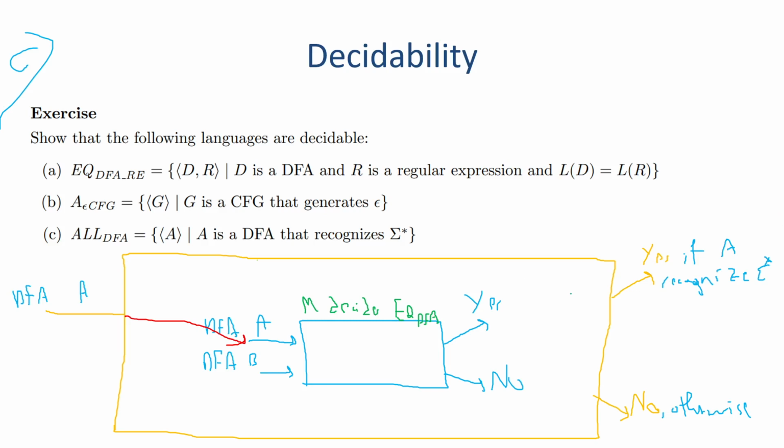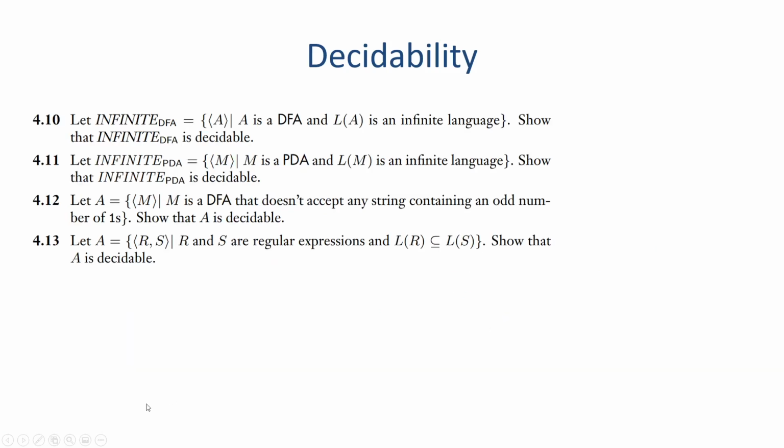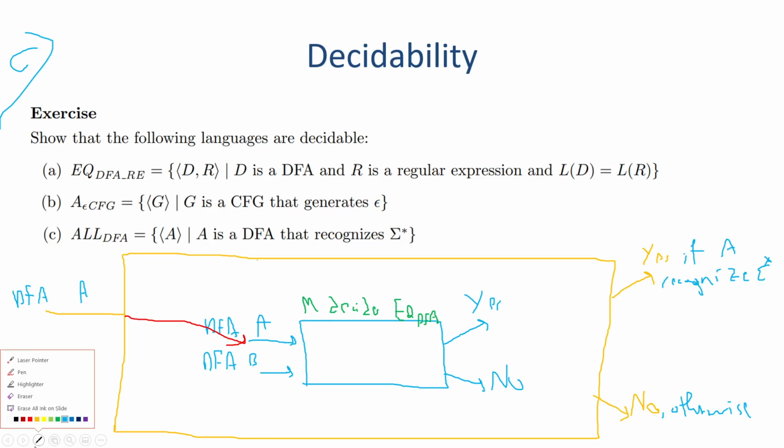Because this is going to tell you yes if the language of A equals that of B. So A is now the A coming from outside. What about B? We want it to be everything.